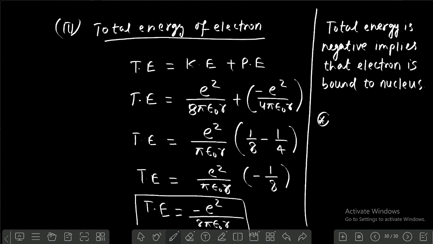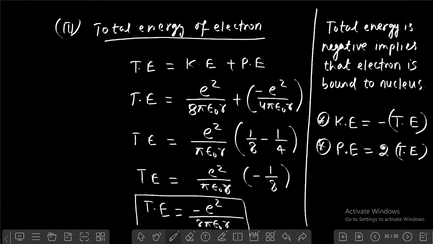Remember, the kinetic energy equals minus of the total energy. And another thing, remember, the potential energy is 2 times the total energy. If you see all the expressions, you can identify this.